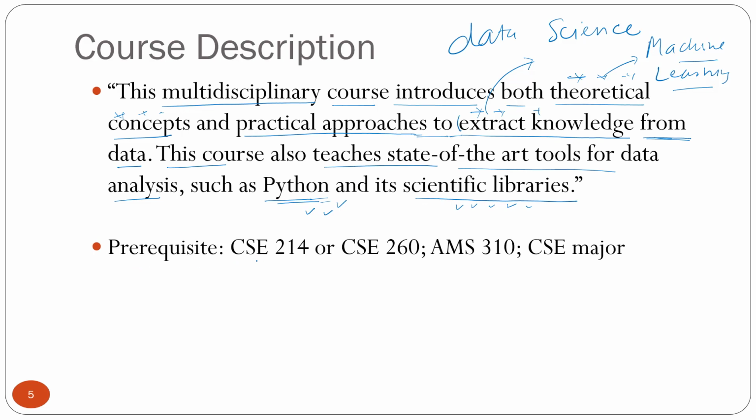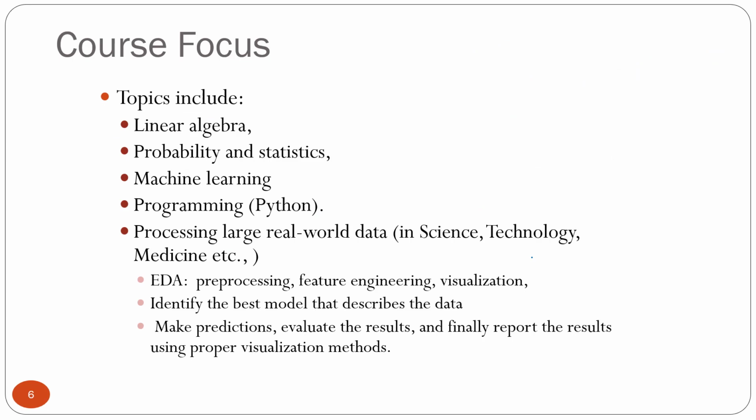So now let's look at some prerequisites. Prerequisites are CSE 214, CSE 260, AMS 310 and CSE Major. Now, if you want to get some idea about what topics would be included in data science, so data science involves linear algebra. We will have some discussion on probability and statistics. These are required.